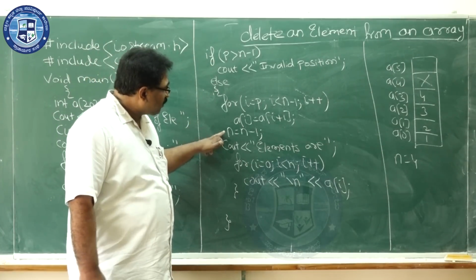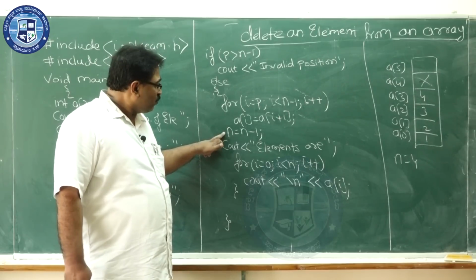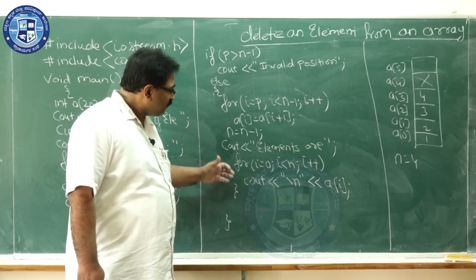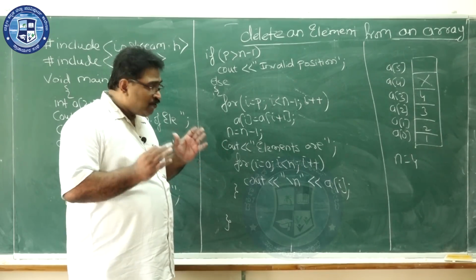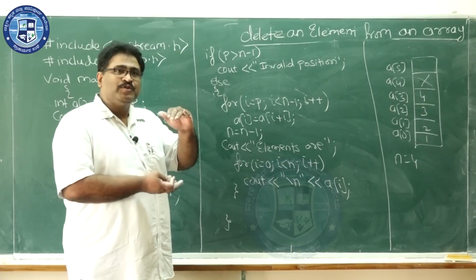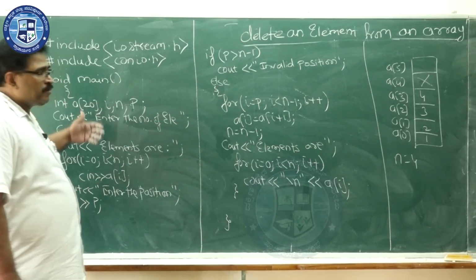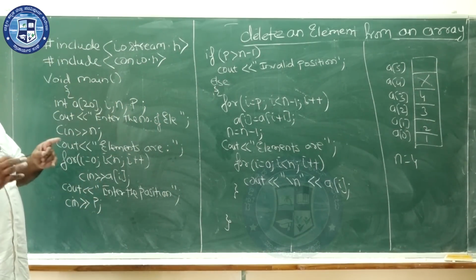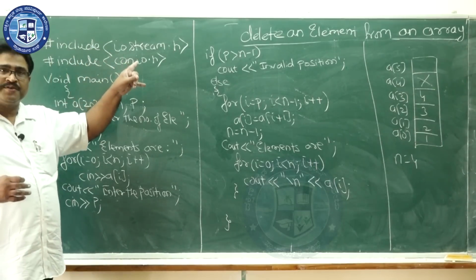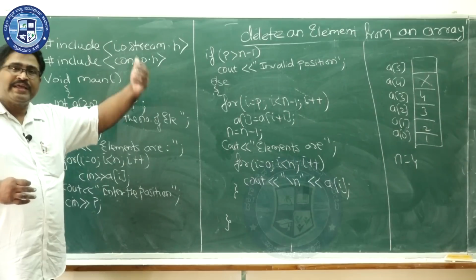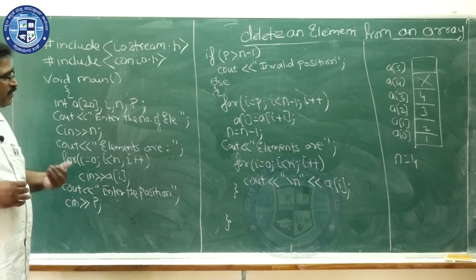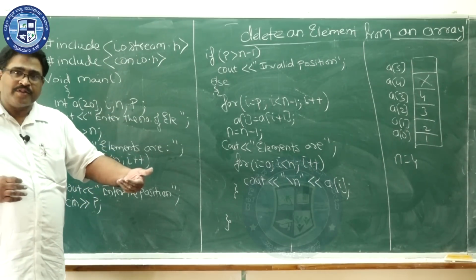So we have the statement n is equals to n minus 1, and finally we display. But we display one element short. That means we have reduced. This is how the program has to be written. But very important is the first part, where you mathematically have done it. And then we have moved towards the algorithm.